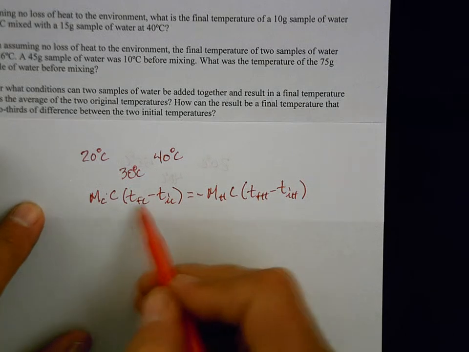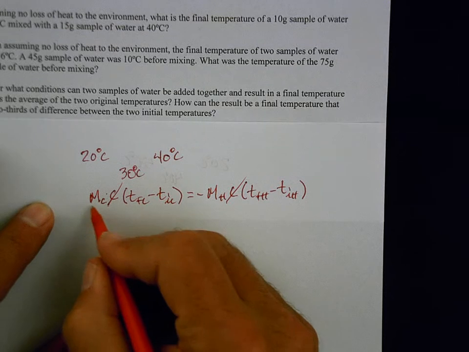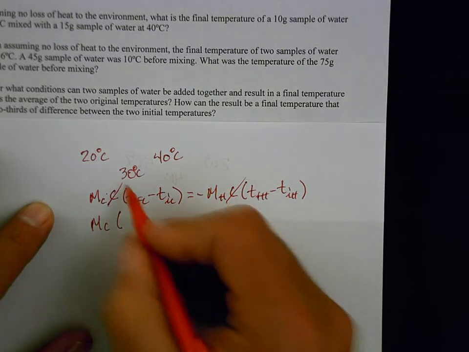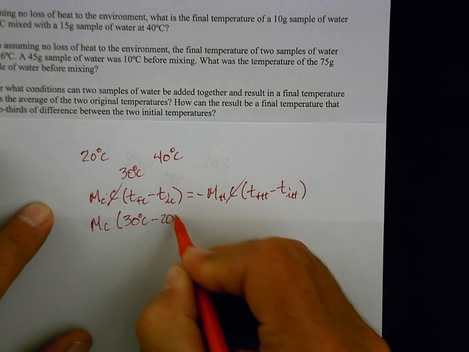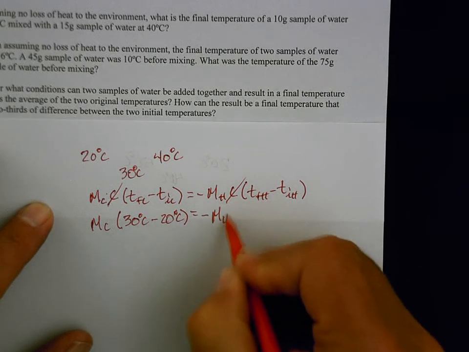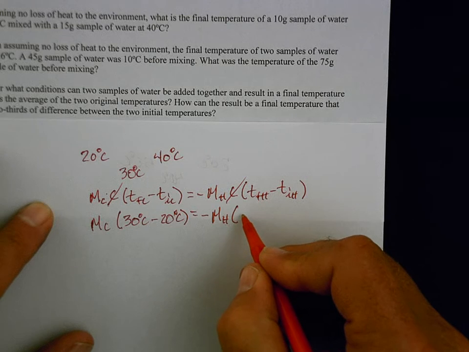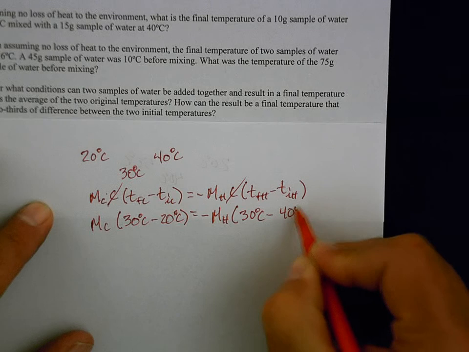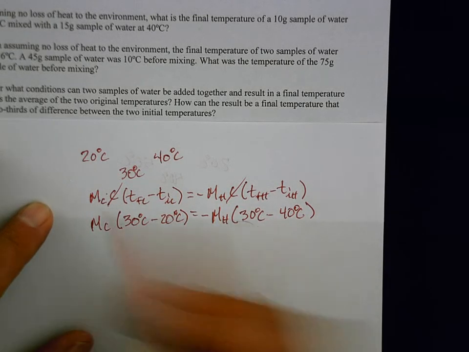Okay, so over here, and again, we don't need the C's because they're both water. So the mass of the cold water, well, it went from 20 to 30. And the mass of the hot water, it went from 40 to 30. So notice 30 in both cases. That was the final temperature, the average of the two.